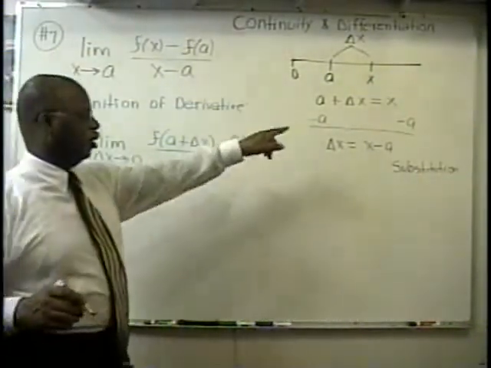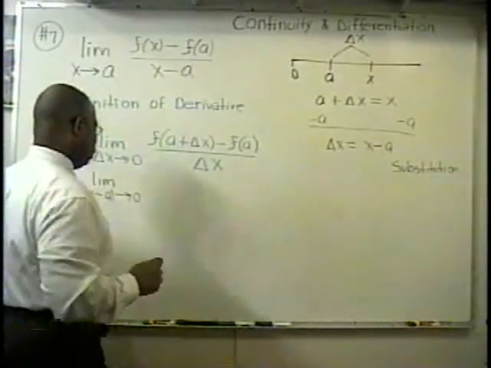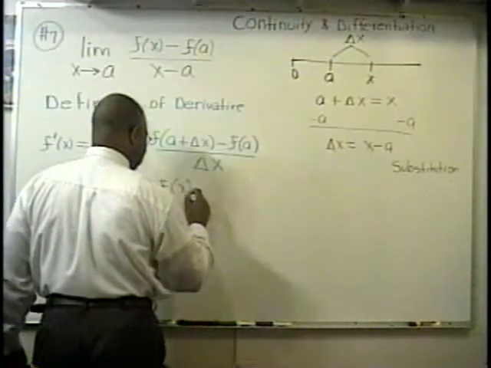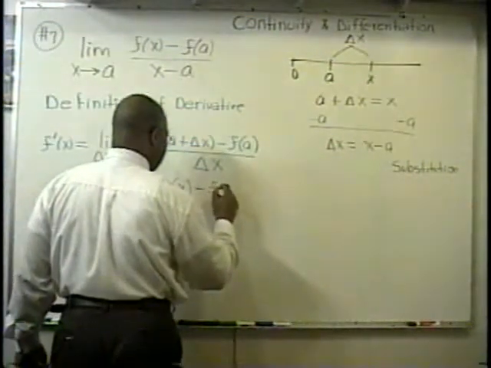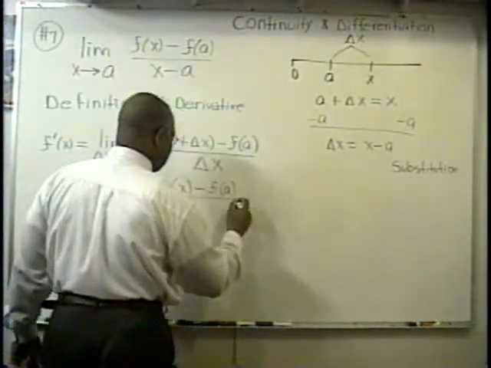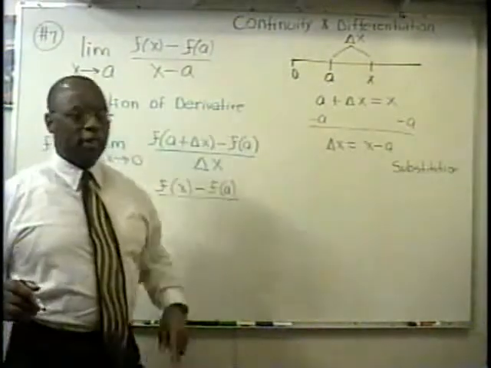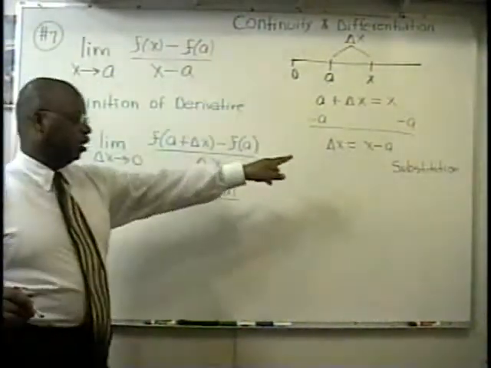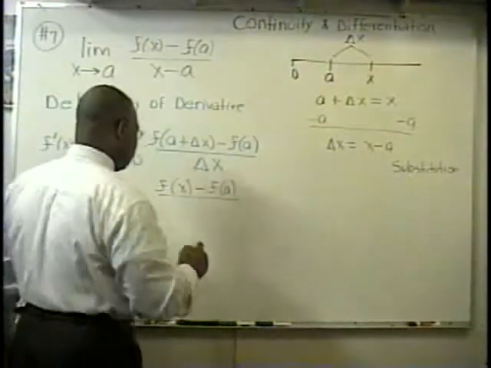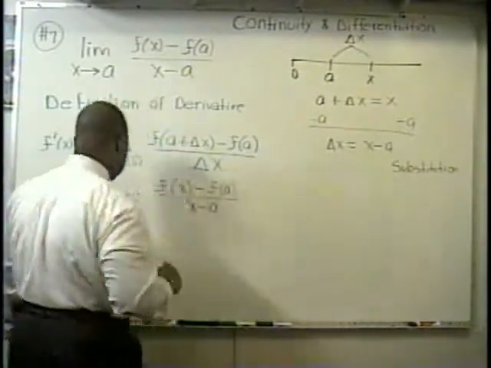And as we see here, x is equal to a plus delta x, so by substitution I get f of x minus f of a. And again, from our line segment, delta x can be replaced by x minus a. So here we have x minus a.